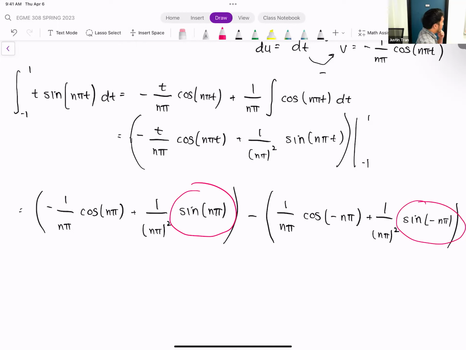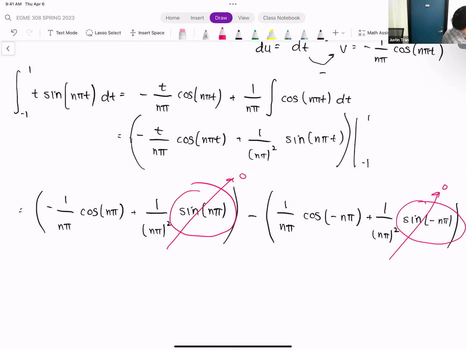Because n is an integer, if n is equal to 1 we get sine of pi, sine of 2 pi, 3 pi, and so forth. No matter what the value of n is, this is going to be equal to 0, and this is also going to be equal to 0.